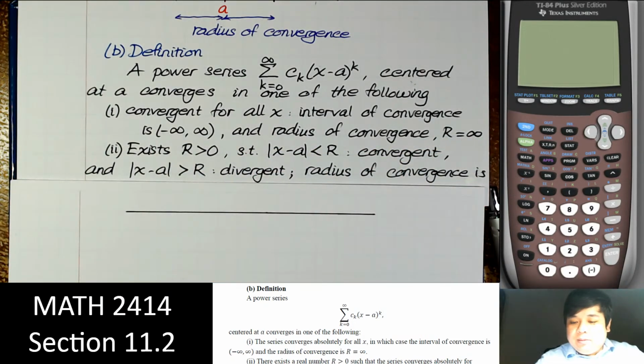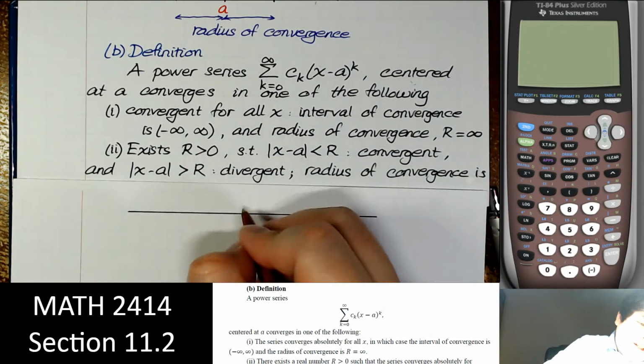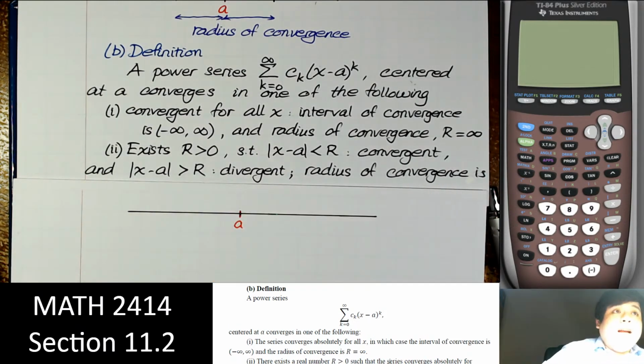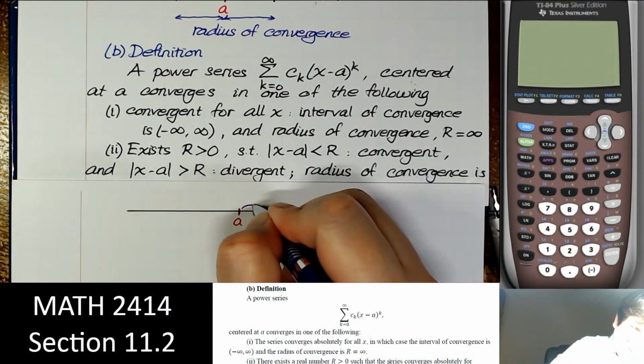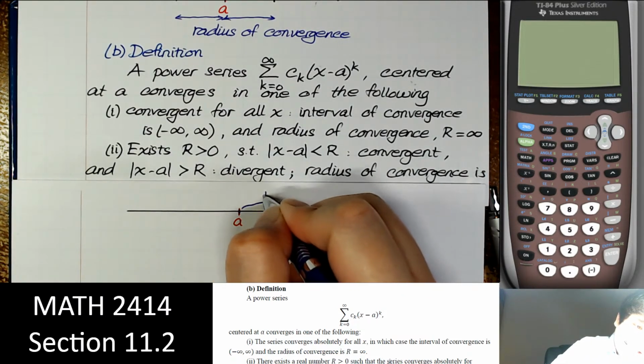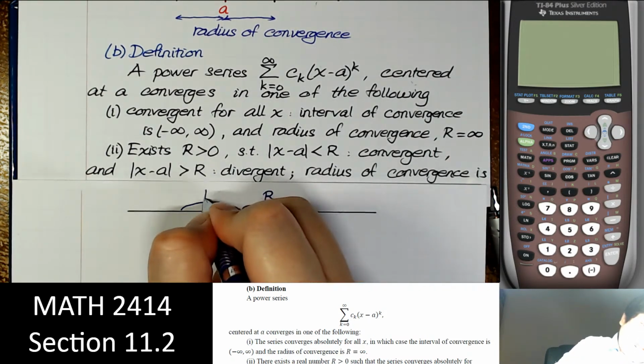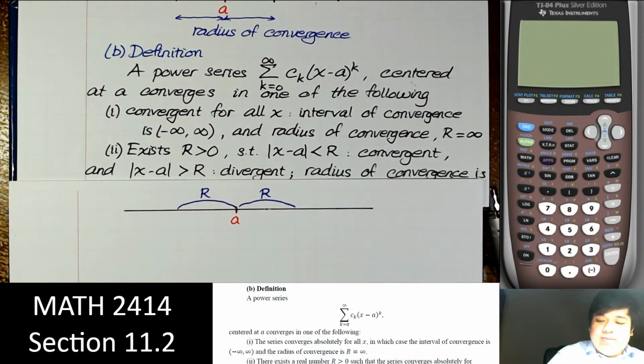First we have the center, and then we have the radius from the center.